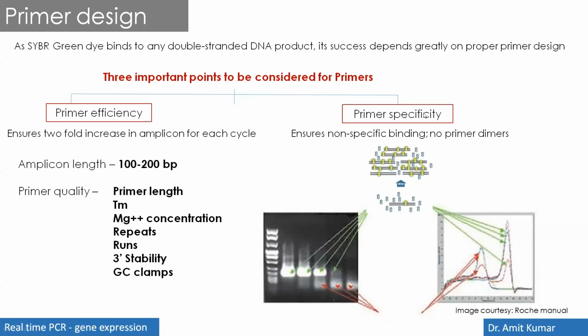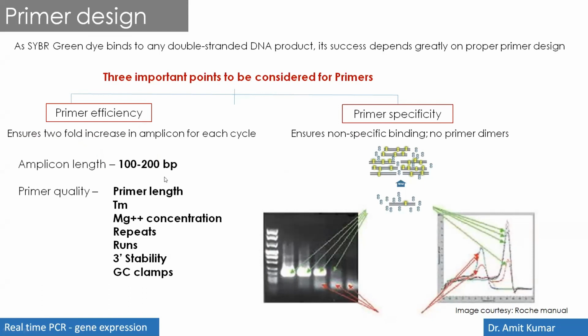In the principle of the PCR, we have learned that after every cycle, the PCR product should double. It means the copy number should double. So in each PCR, if the primer efficiency is good, one copy number will get into 2, 2 into 4, 4 into 8, 8 into 16 and so on, right?